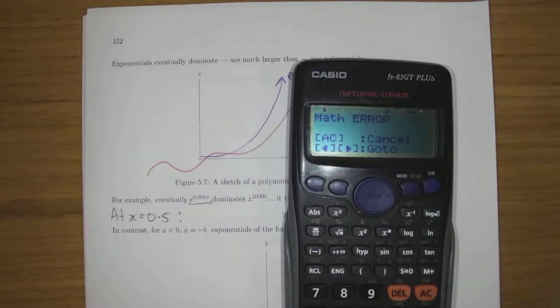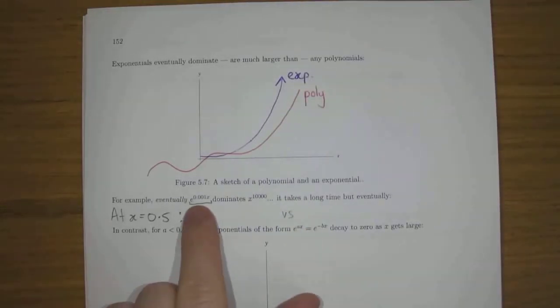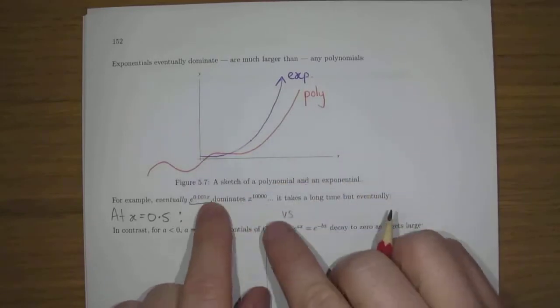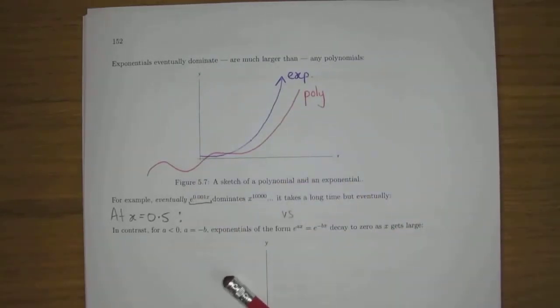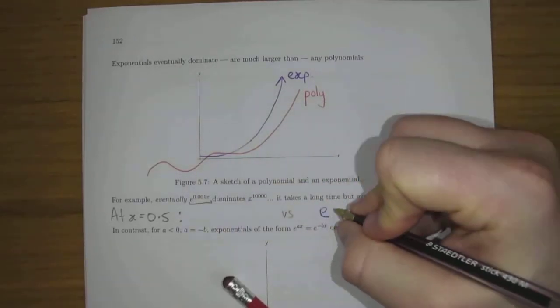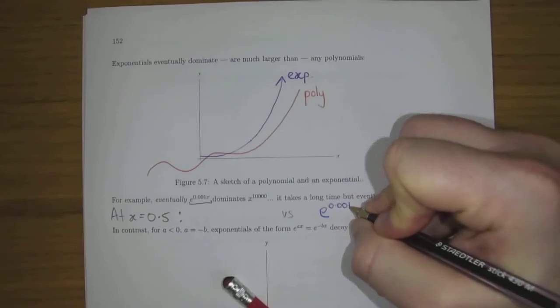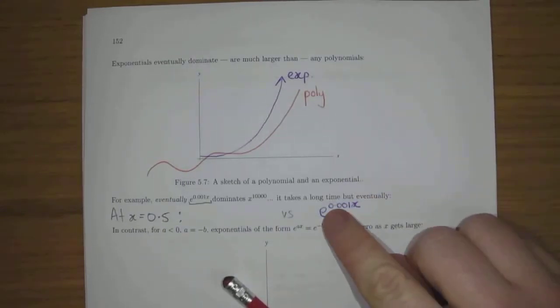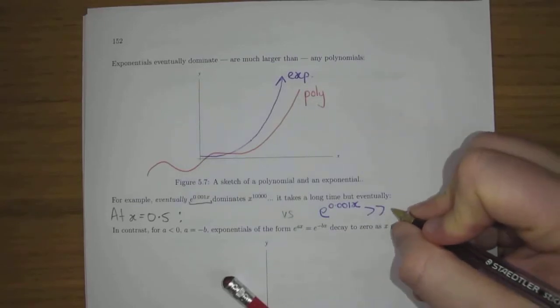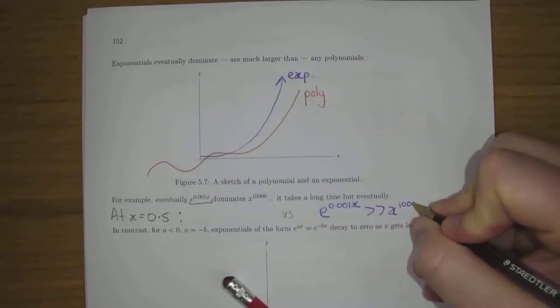And eventually it gets so big that the calculator can't handle it. So even though this is initially very, very small, eventually it gets way, way bigger. So eventually what you'd say here is that e to the 0.001x, and in fact any positive exponential, is much, much bigger than any polynomial, which is just sums of powers of x.